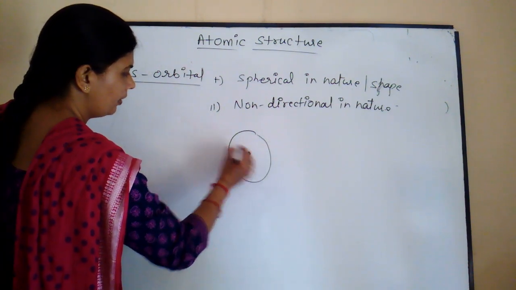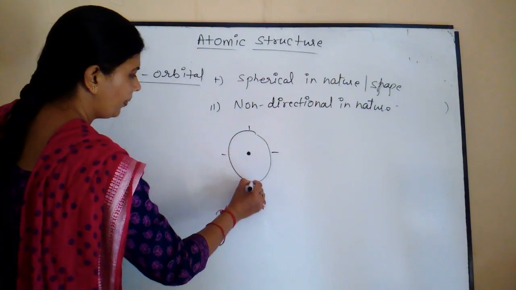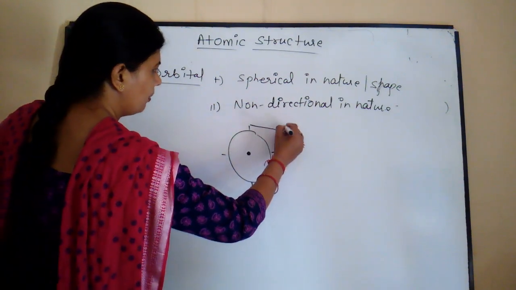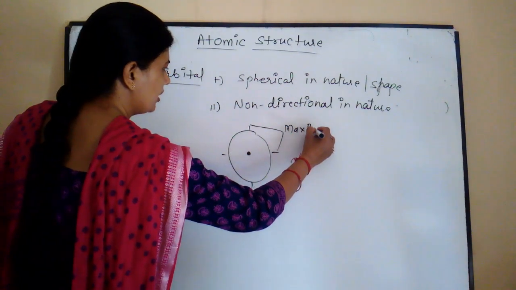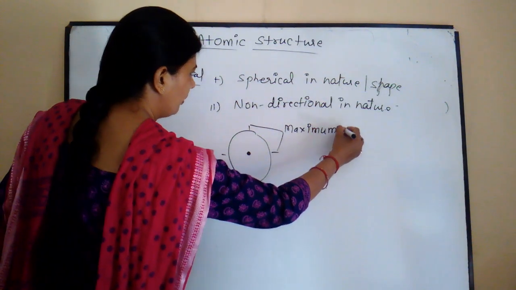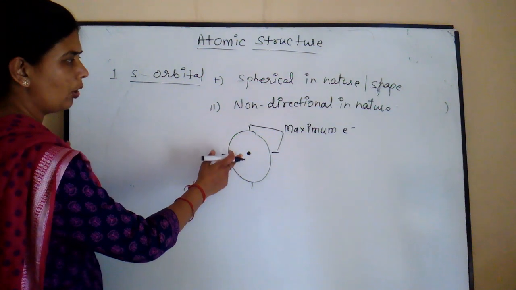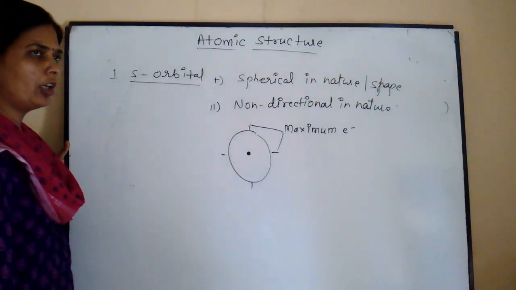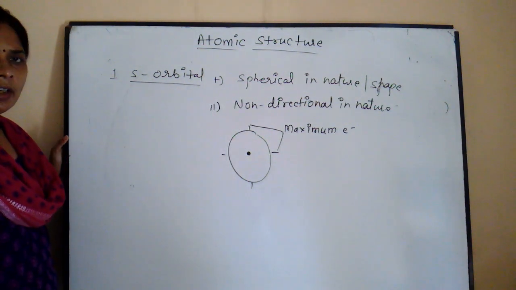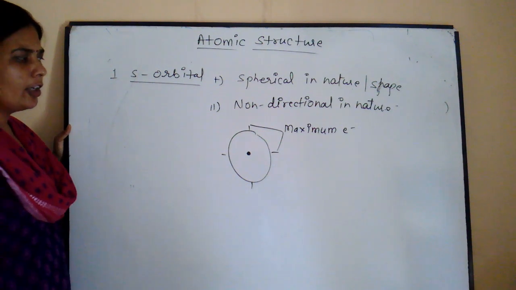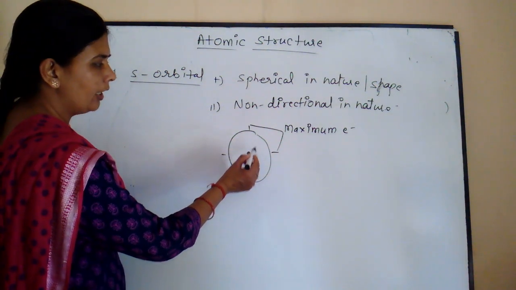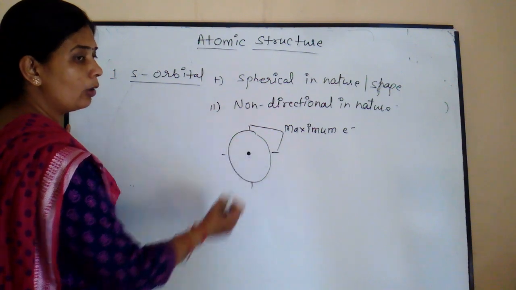There is a center, and outside the possibility of finding the electron is maximum, whereas in the center it is 0. So all the s orbitals are spherical in shape, non-directional in nature, and there is 0 probability of finding the electron in the center, whereas it is maximum outside.